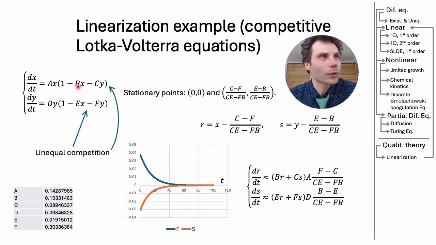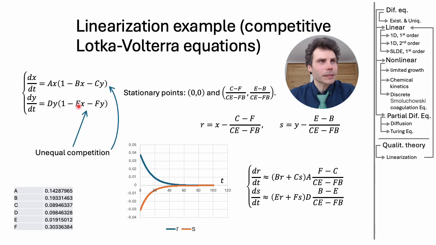If B was equal to E and C was equal to F, then the system would be degenerate, and the kinetics would be more complicated. We may return to such an example at some point later, but not in the current lecture.